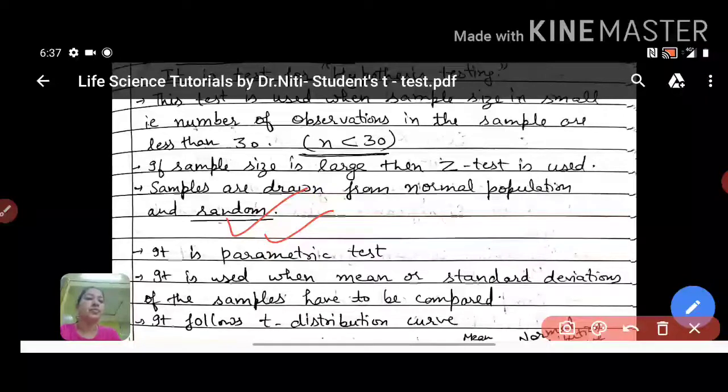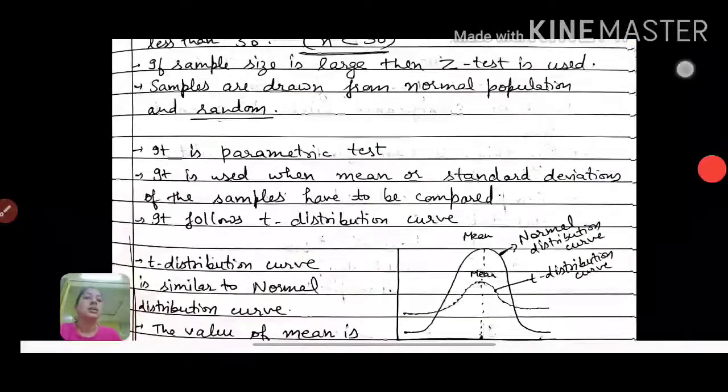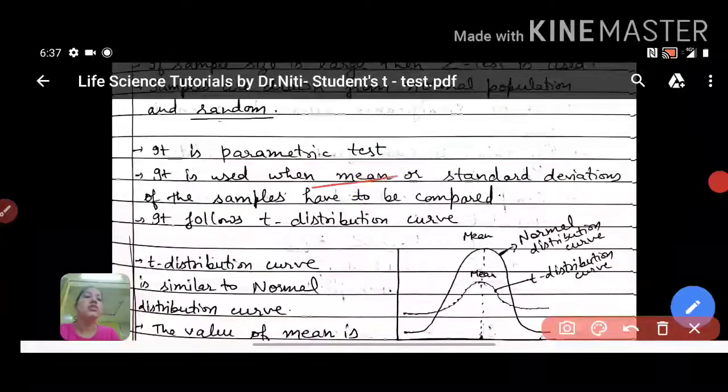This test is used to compare the means or standard deviations of samples. It is used only when two samples are given and you have to compare their means or standard deviations.